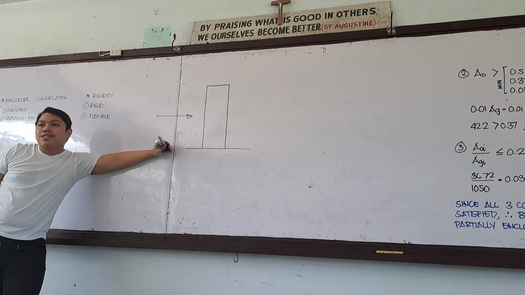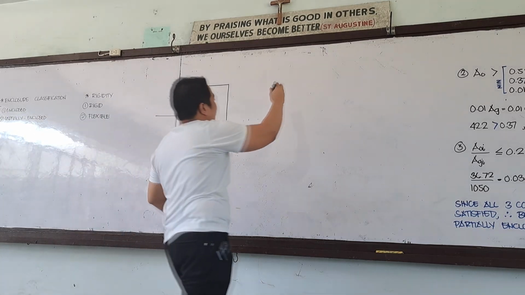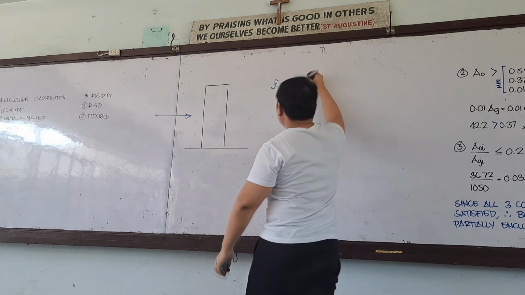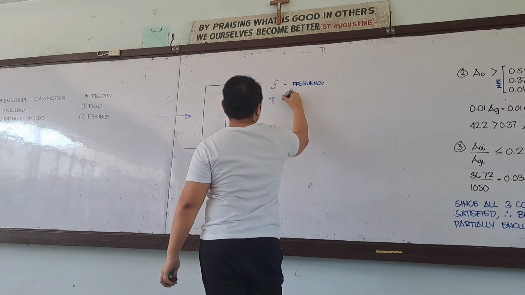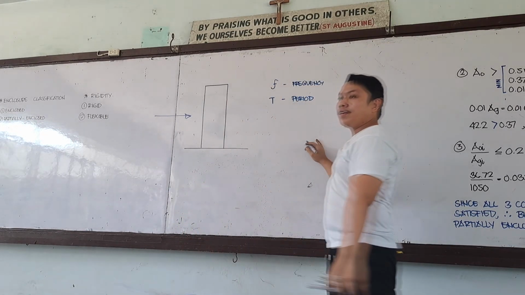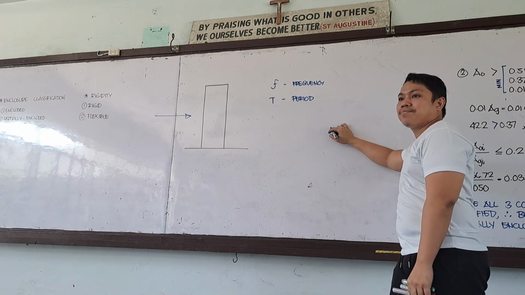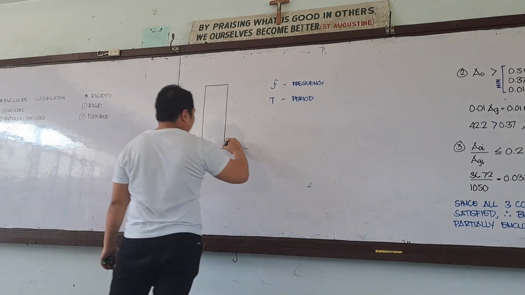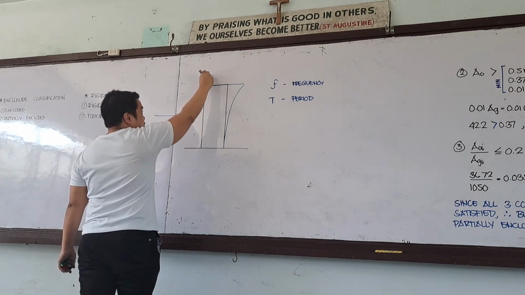So what is frequency? The amount of period. The period is the total time of the building if it sways to one side and tilts. This is the starting point.